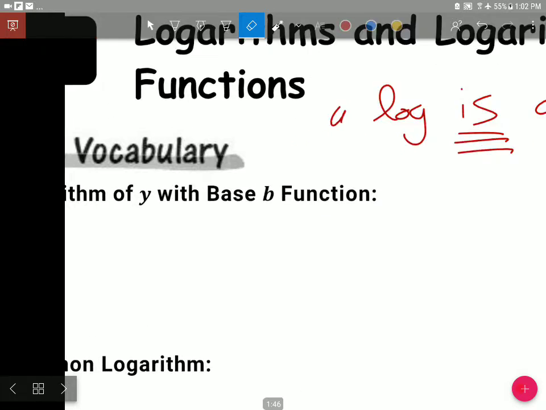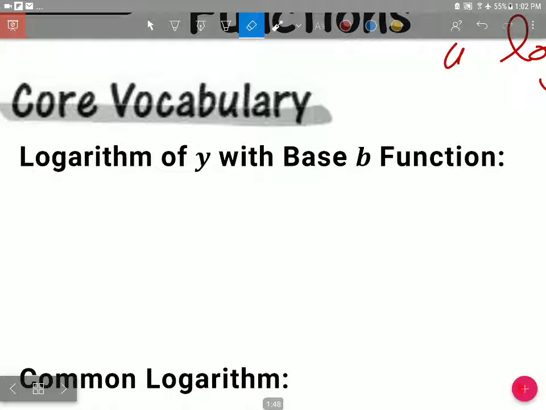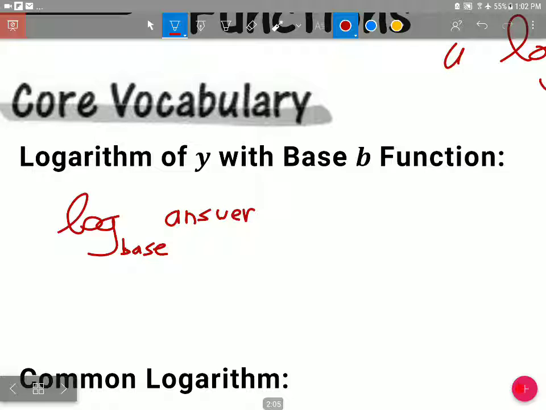All right? So first things first, the logarithm with base b function. Basically, log with base b of an answer, or argument, the technical term is an argument. For the time being, think of that as your answer.